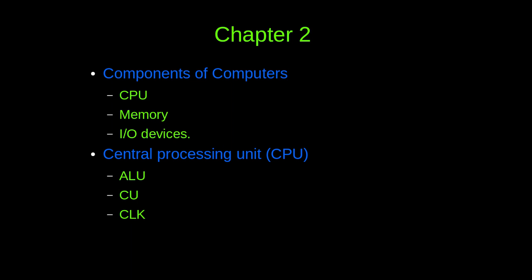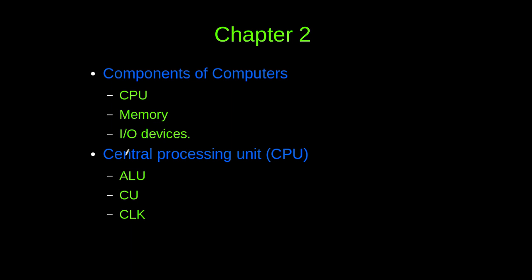Then I have input output devices. So there are 3 components for any computer or machine: CPU, memory, and input output devices like a monitor, a mouse, a keyboard.